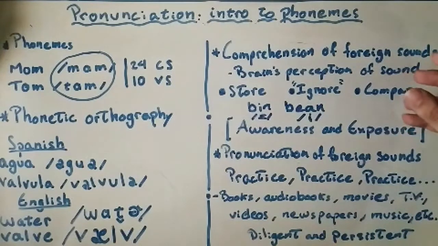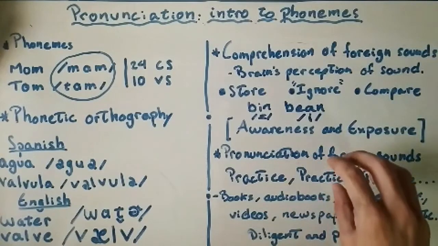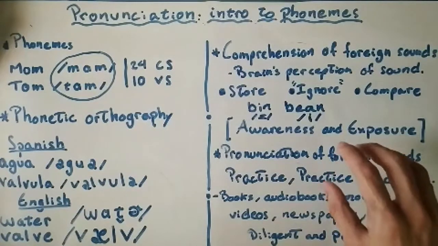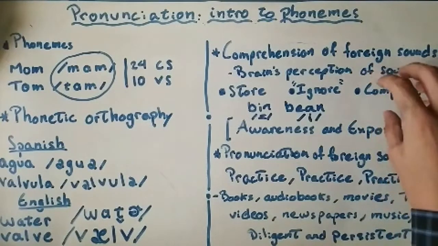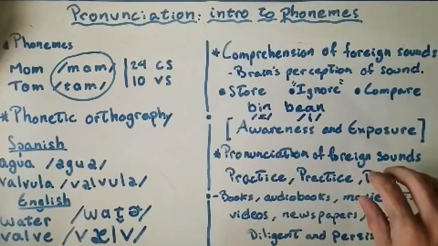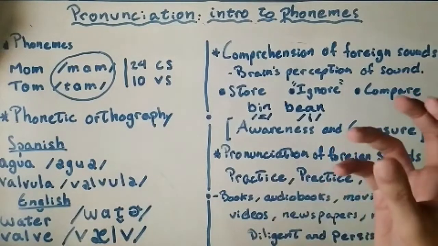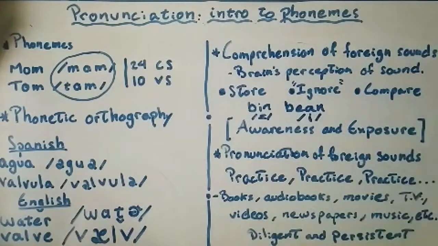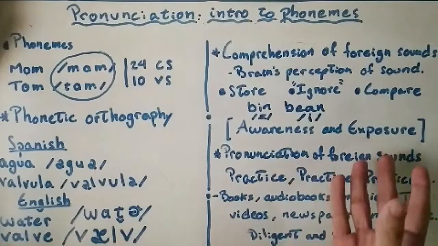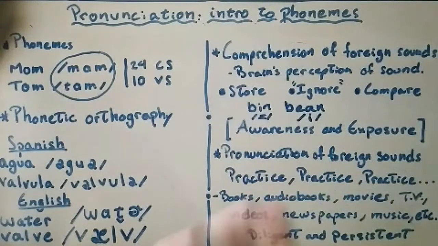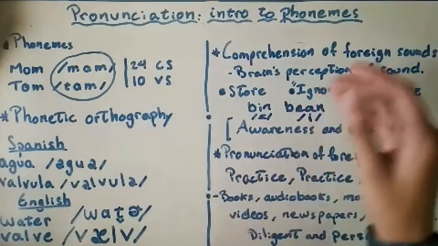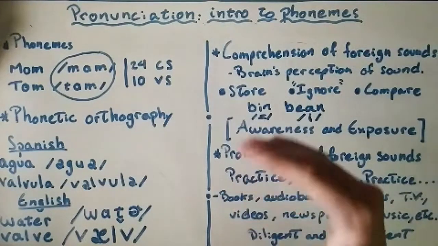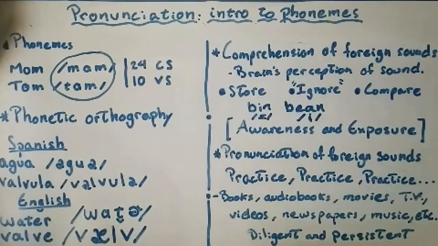Once you can recognize these sounds, in that moment you're also able to recognize when you are producing them. Because if you can't recognize these sounds, then you can't produce them, because you may be saying them, but you can't exactly feel your mouth saying these sounds. But the idea is for you to say them and be able to say, yes, I said it the proper way. So practice, practice, and practice.